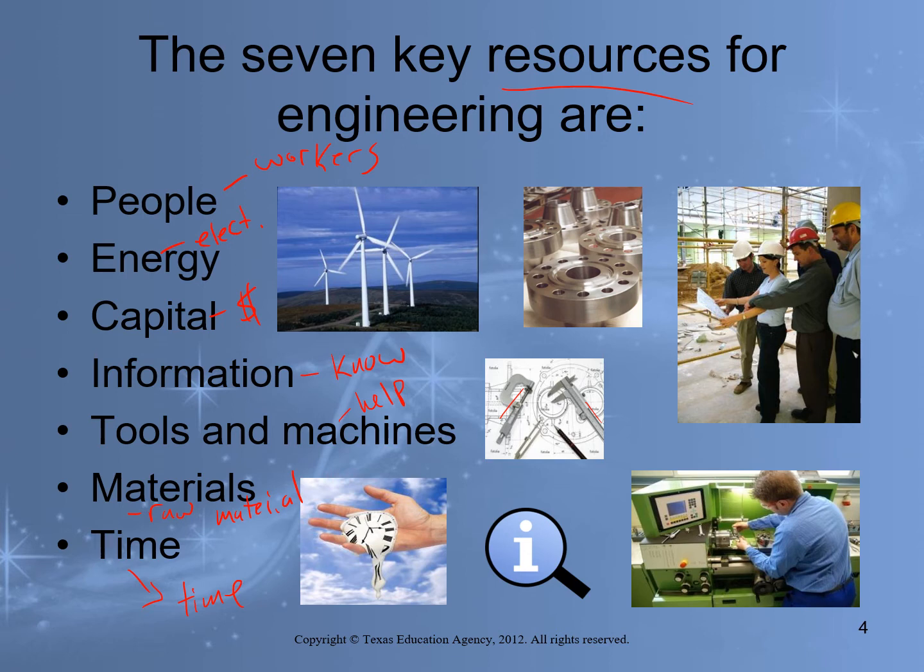So these are 7 key resources here. You need all of these in some measure to be successful in engineering and in life in general. But the more of them you have, the better off you'll be. Now, you can always substitute one for the other in a way. If you don't have any materials, you can spend some capital to cover for that because you can buy the materials. So this is where your opportunities come from, by using these things.